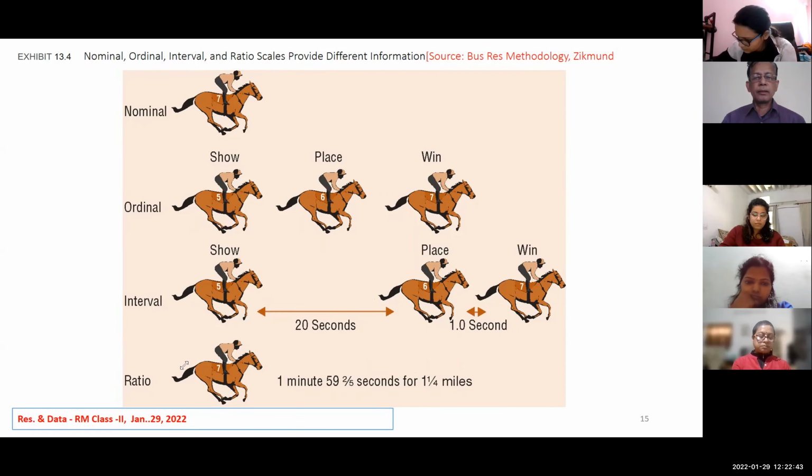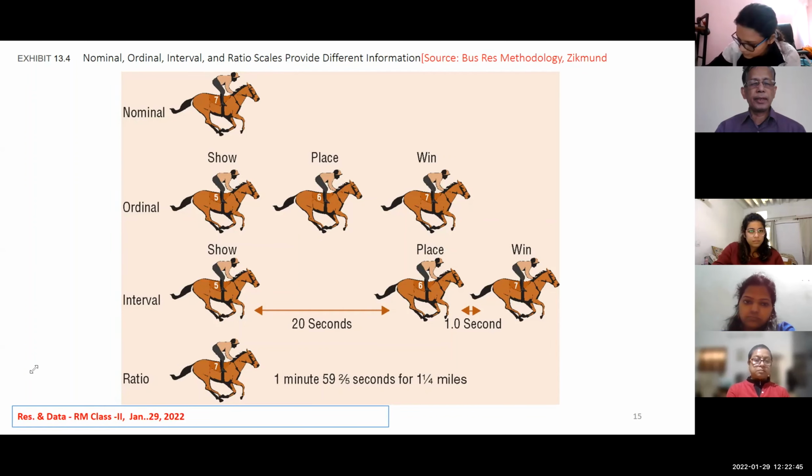Who can please help us elaborate how it is able to tell us the distinction between the 4 scales? One of you, please lead. I want a 1 minute breather. Yes, please. You explain to the entire class.